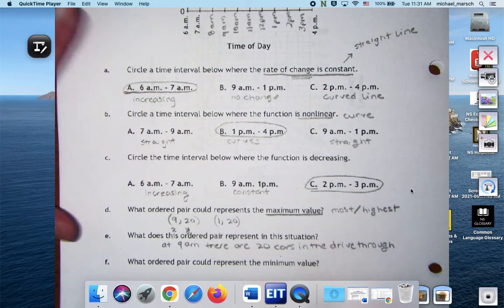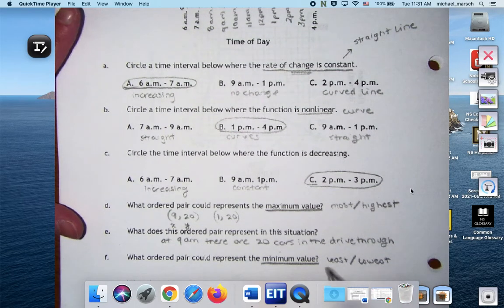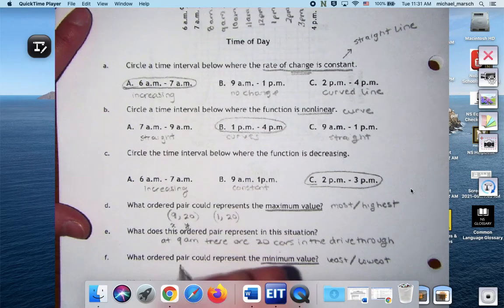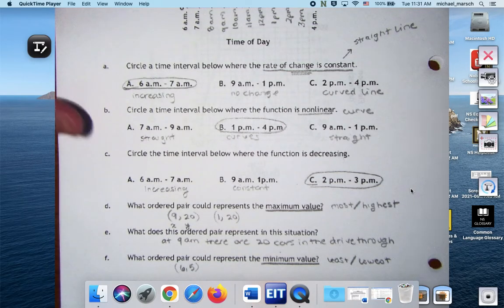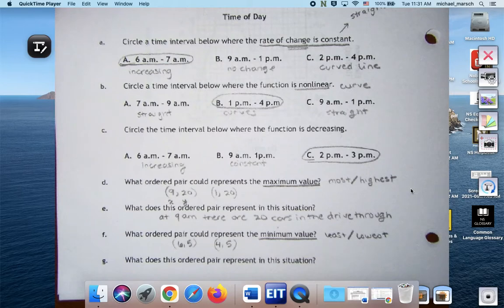How about the minimum value? What's that going to mean? 6 a.m. to 5. The least, lowest, right? So we could have 6, 5. Or we could have 4, 5. Could we put both on the tab? Sure can. What does the ordered pair represent?